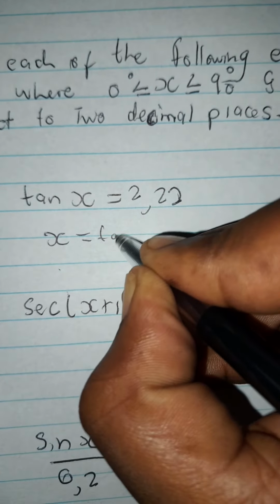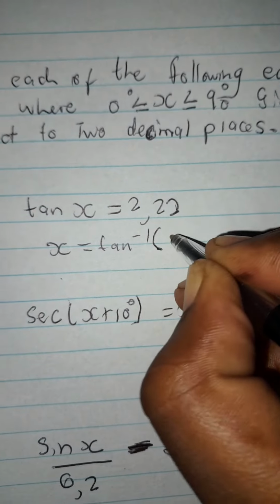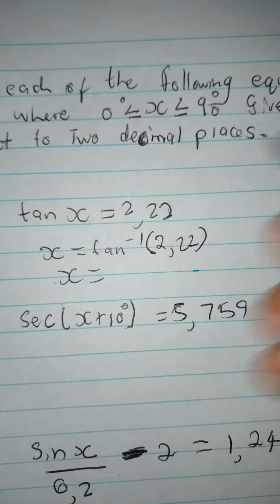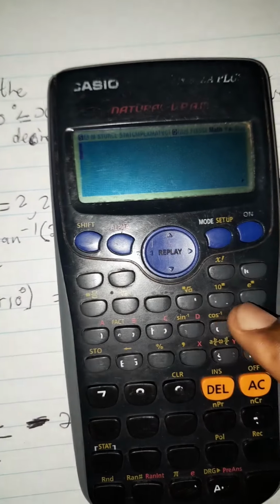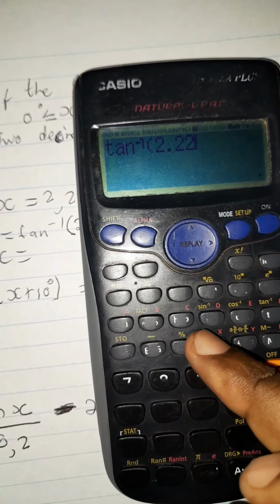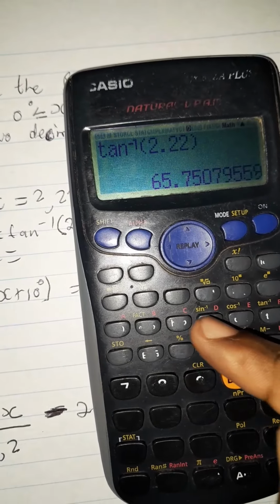So you're going to say tan arc of 2,22. Okay, correct to 2 decimal places. Take your calculator there. Shift, second function of tan, which is 2,22. So what is that?